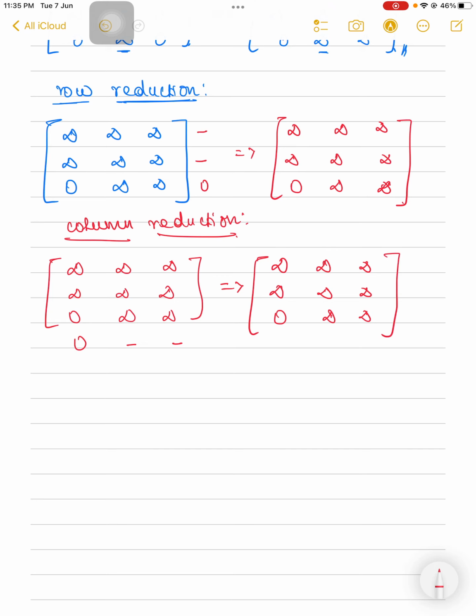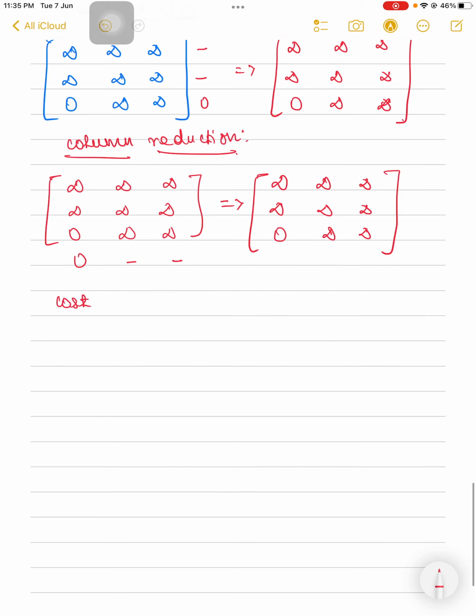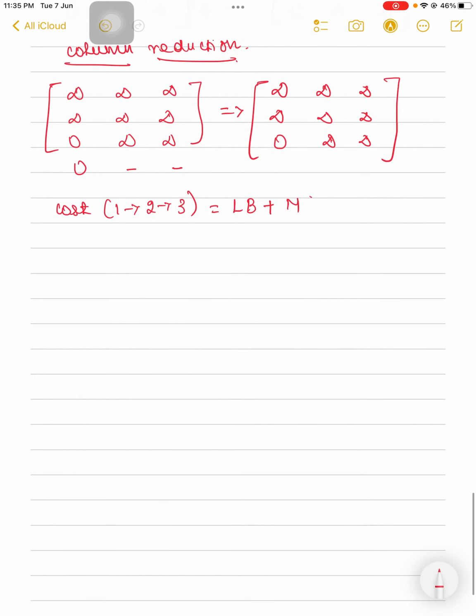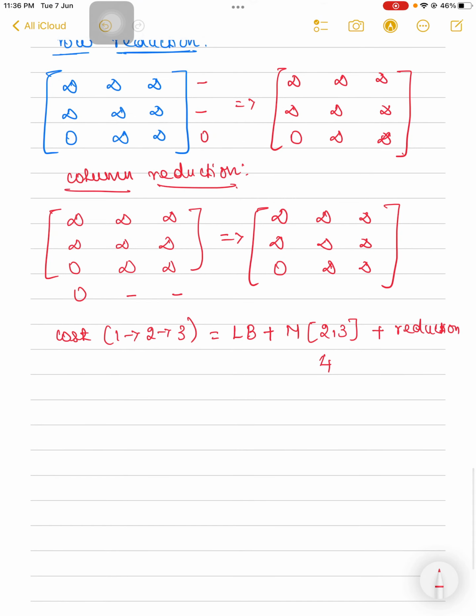Now it's time to compute the cost for the path 1 to 2 to 3. The formula is lower bound plus matrix 2 to 3, plus the total reduction. From the original cost matrix, the 2 to 3 cost is 4. We haven't used any value to perform the row reduction as well as the column reduction, so the reduction will be 0.